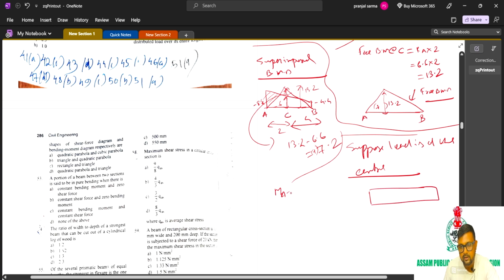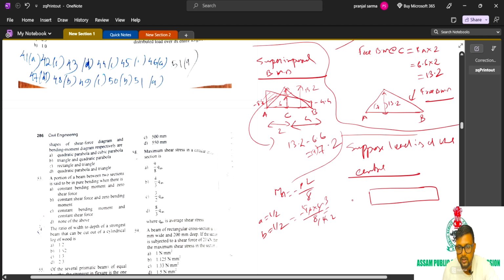M is what? Minus PL by 8. How do you get this? This is the standard formula, putting the value of a equal to L by 2, b equal to L by 2 in the MA formula and MB formula, you get this one, right? How much? Minus 10 into 6 by 8. So, sorry, 3 by 8, right?